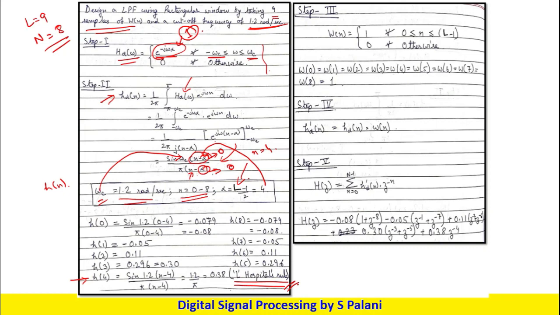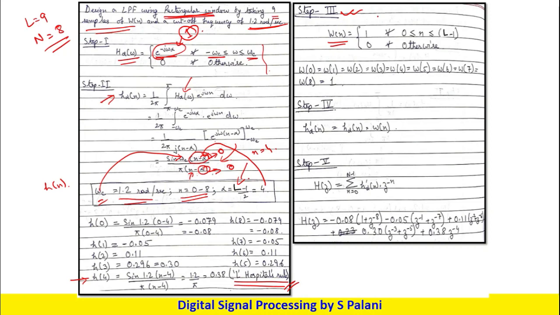Then in step 3, we have to calculate the w(n) values. Here we are using the rectangular window.